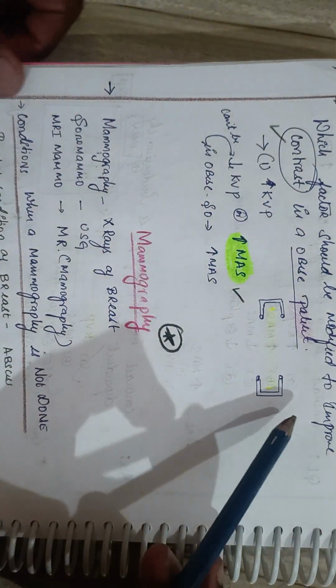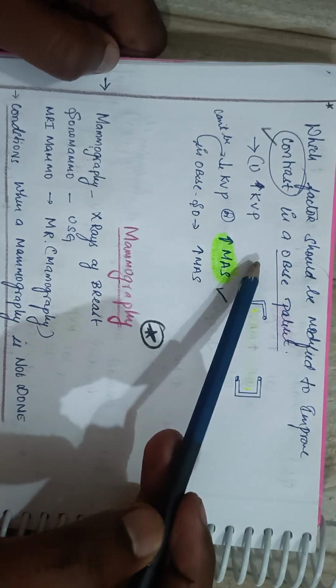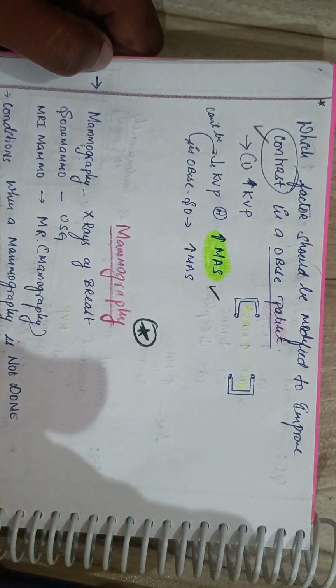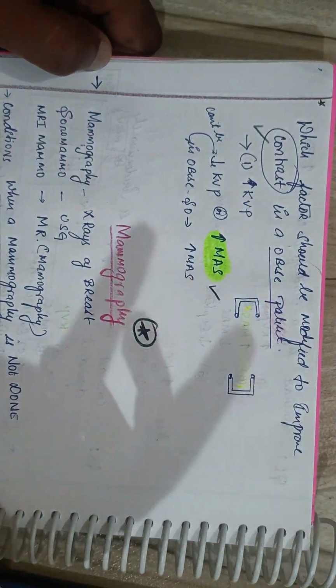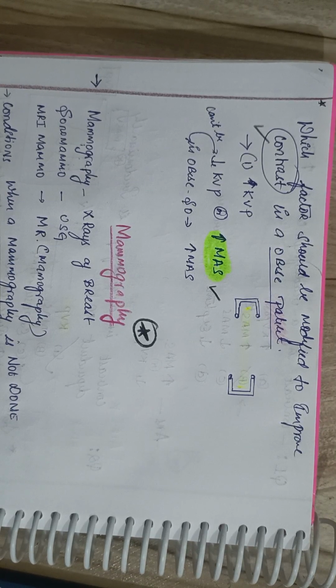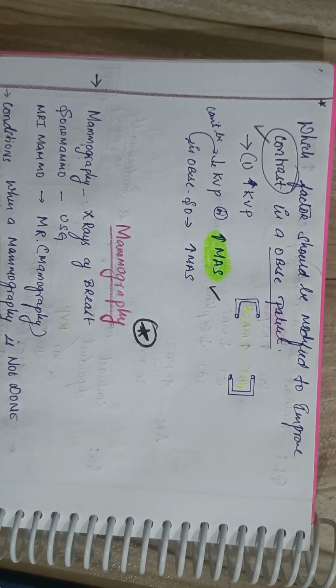Which factor should be modified to improve the contrast in the base? That is increased kVp. Whenever we speak about modification in an obese patient, you have options: decreased kVp or increased mAs, because we are going to improve the contrast here.